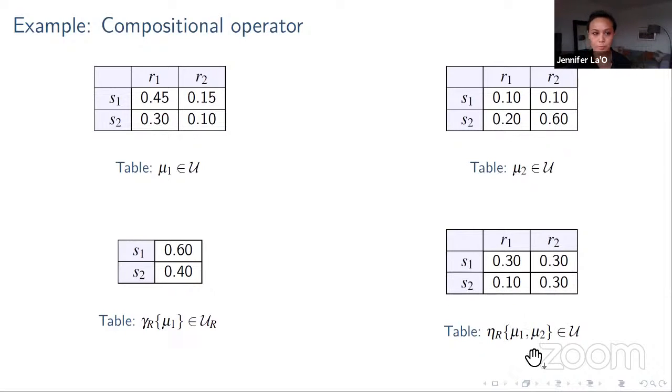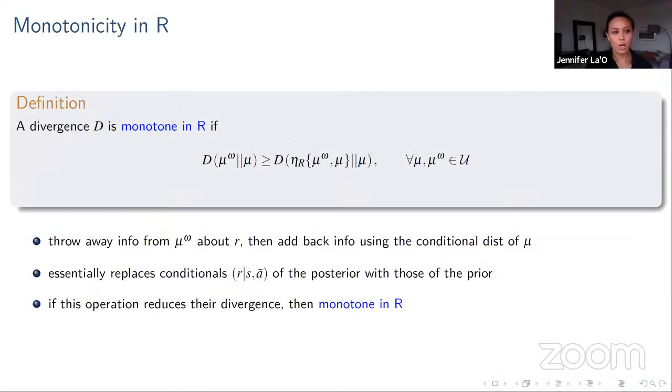Now why have we defined this? We want to use this compositional operator to think about properties of divergences. We're going to say a divergence is monotone in R if, okay, this is the divergence from the prior to the posterior.